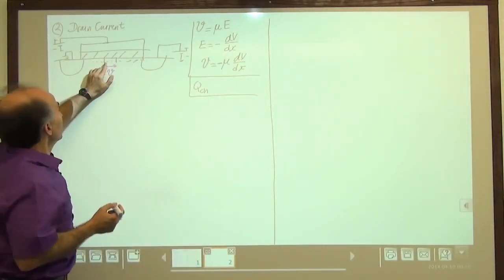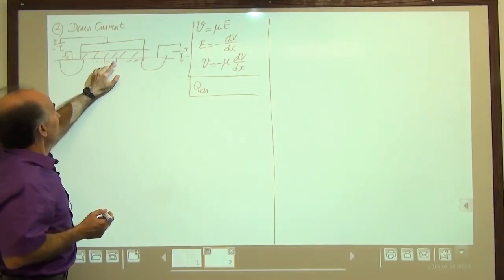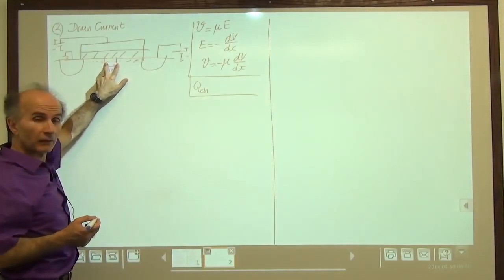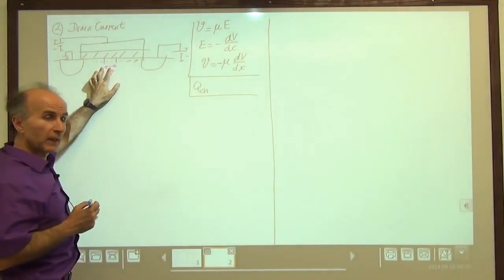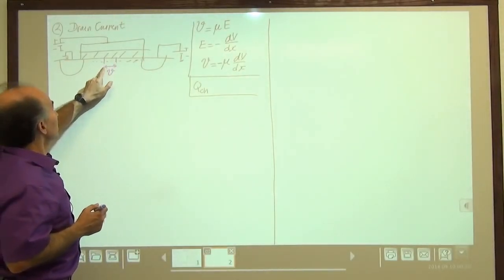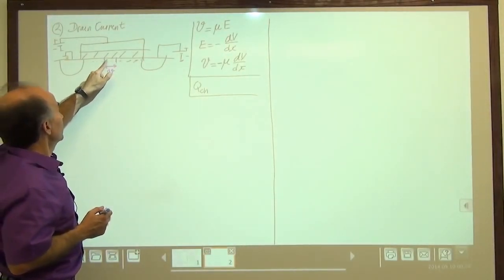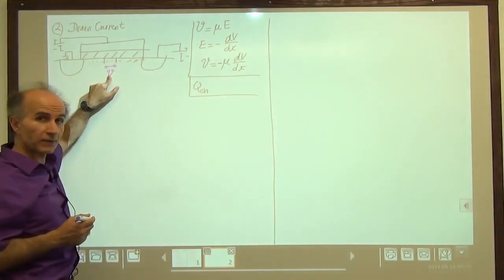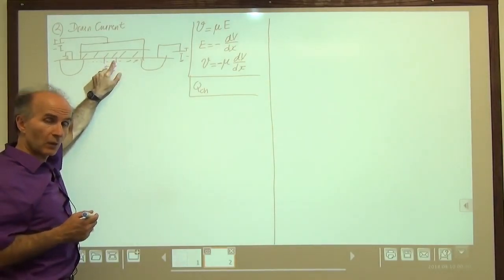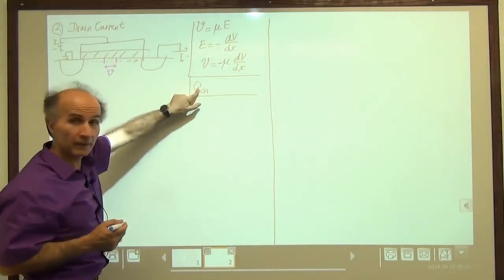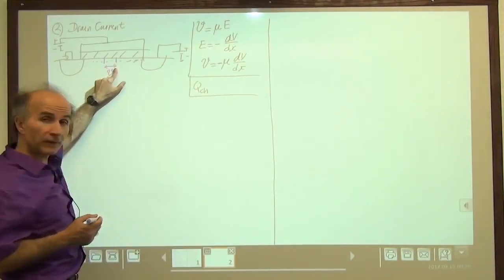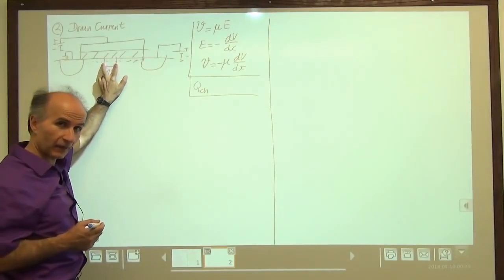If I have some mobile charge and I take a snapshot of it, the charge is moving, but at one moment I see a certain amount of charge from here to here in v meters. How much is that charge? Well, that's easy: I take the charge density multiplied by the length, and that gives me the total charge in that length.